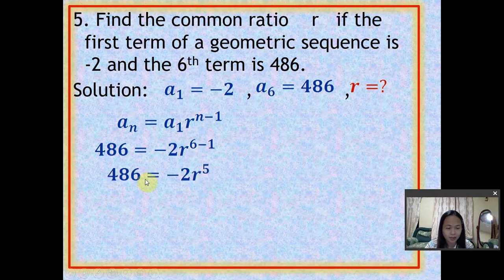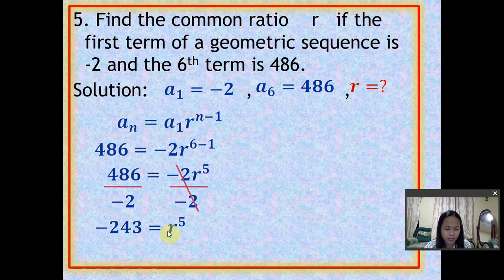Now, we will apply the multiplication property of equality in order to eliminate negative 2, or simply divide both sides by negative 2. This is the numerical coefficient of R, so that we can eliminate it, we divide both sides by negative 2. So this will be 1. Here, 486 divided by negative 2 is negative 243.